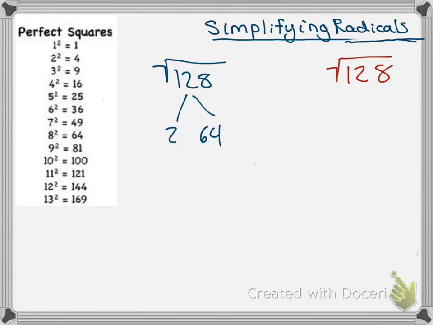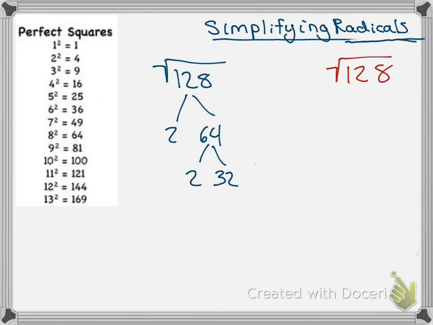And you know that because 2 times 64 is 128. And now if I look at my 64, it's also even. So I know that 2 goes into 64. So I go 2. 2 times what is 64? 2 times 32 is 64.